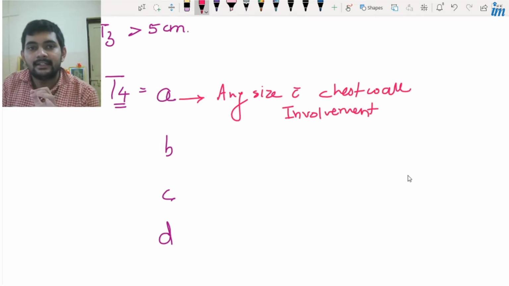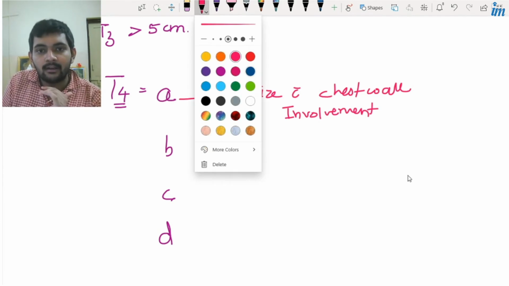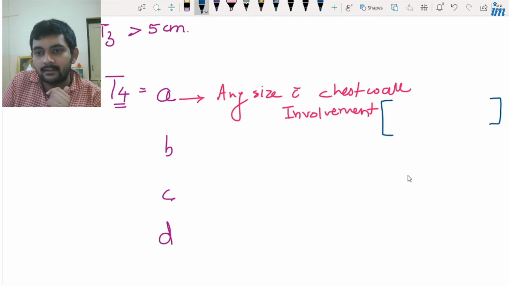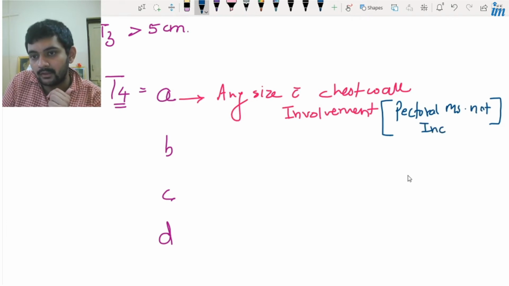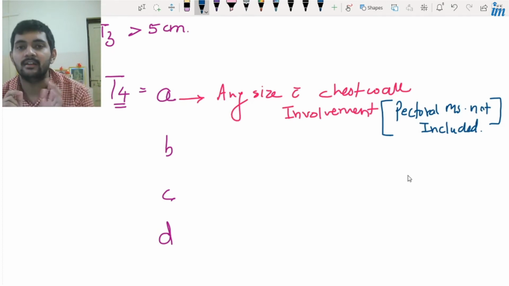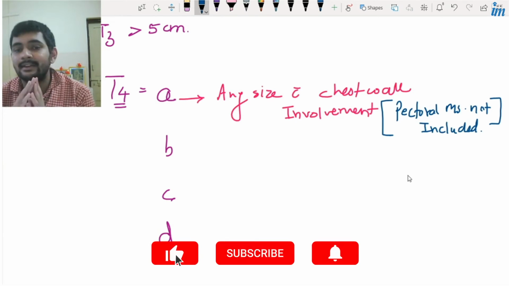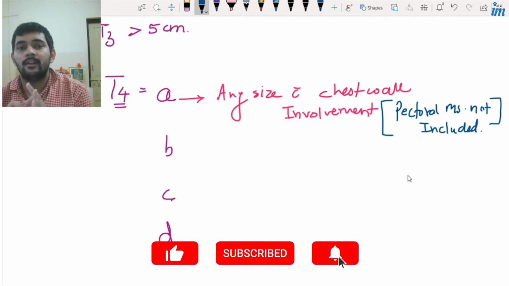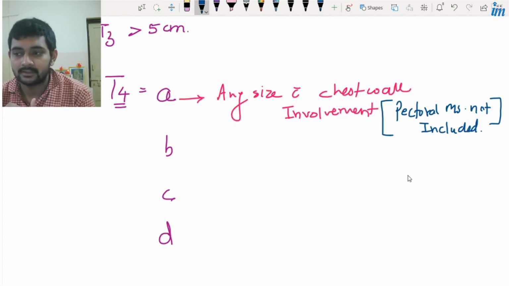Very important: pectoral muscles are not included. So even if the tumor is involving the pectoralis major or pectoralis minor muscle, that will not be considered as a chest wall involvement. Chest wall involvement will be only the involvement of ribs and the intercostal muscles.